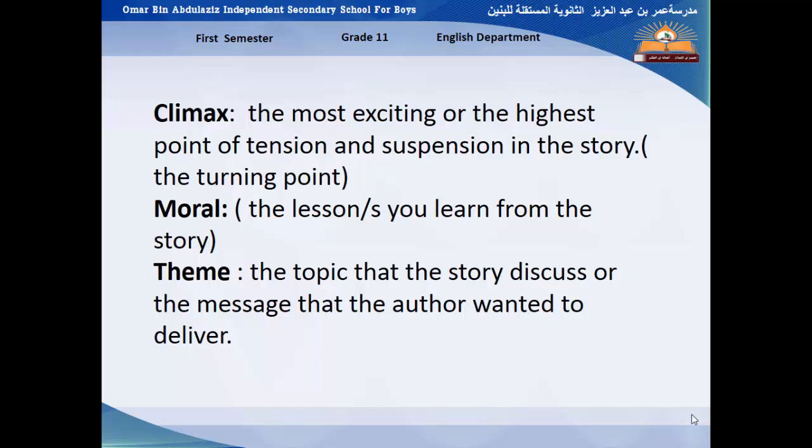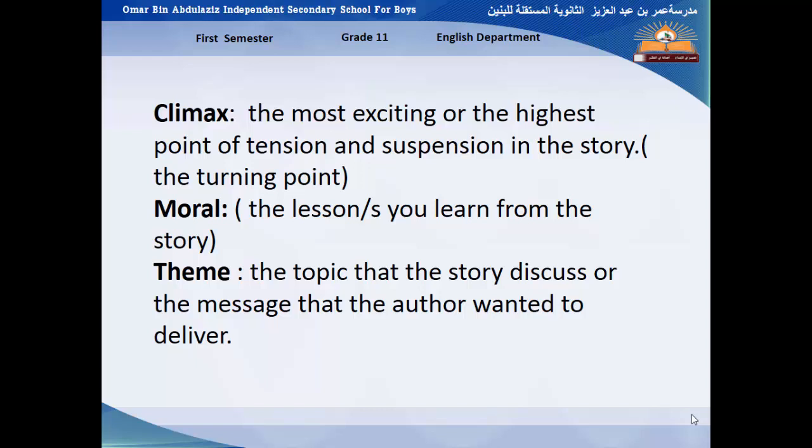It has the same meaning as what's the text mainly about, or what's the main idea of the story, or what's the purpose of the story. All these questions give you the same meaning.